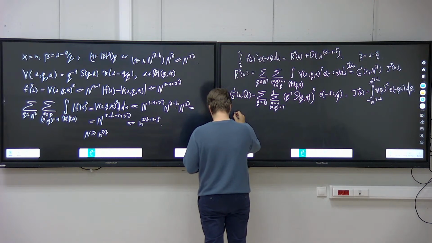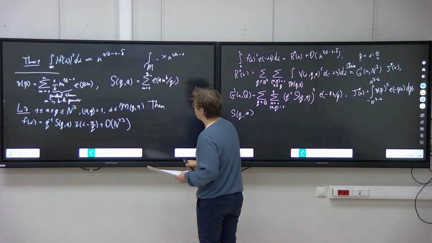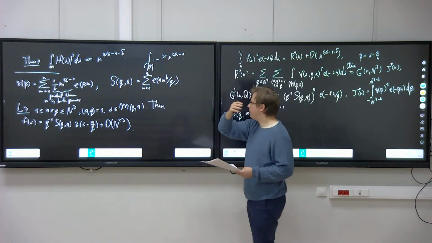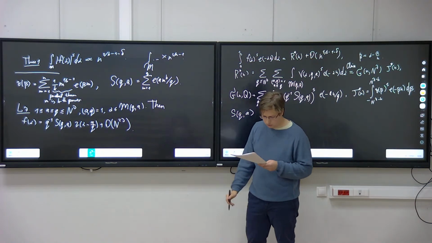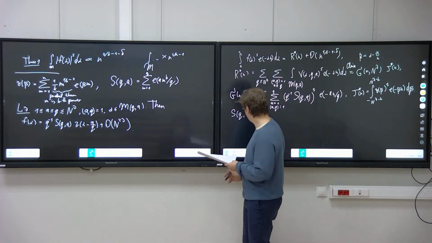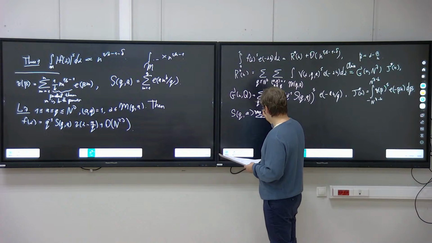First, let us note that S_q, yes? Again, what is it? S_q is such a sum. And we can apply Weyl's inequality, yes, because it's an exponential sum of a polynomial.